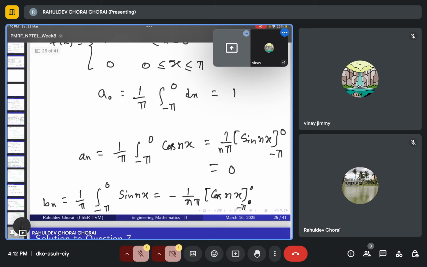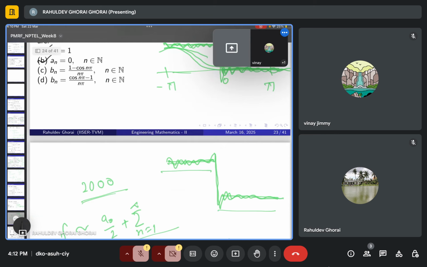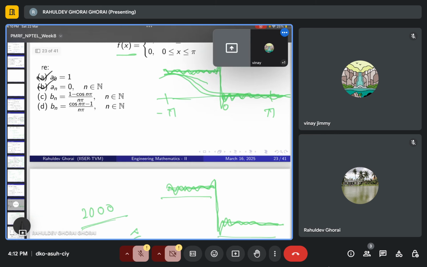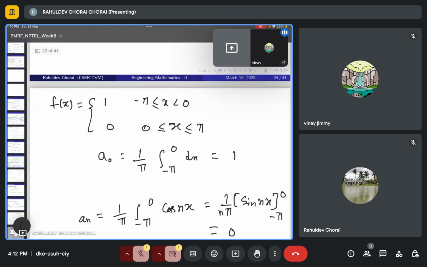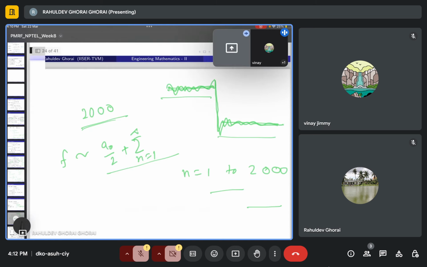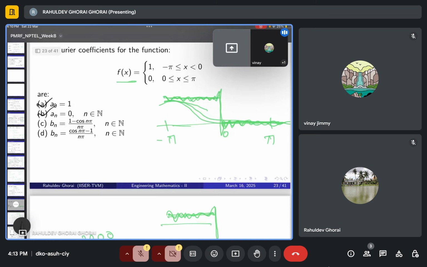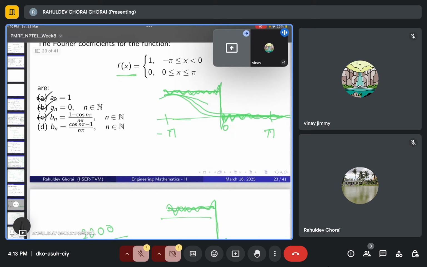At 0 it will be 1, at minus pi it will be minus 1 whole to the power n. So 1 minus minus 1 whole to the power n over n pi, or one can write cos n pi also over n pi. So 1 minus cos n pi. So A, B, C will be correct, right?